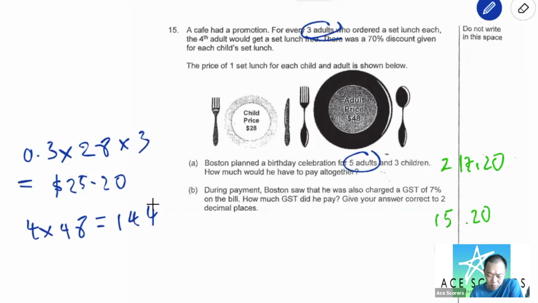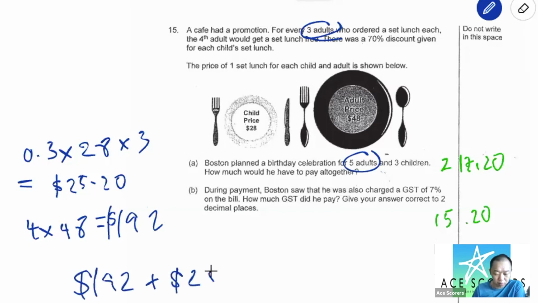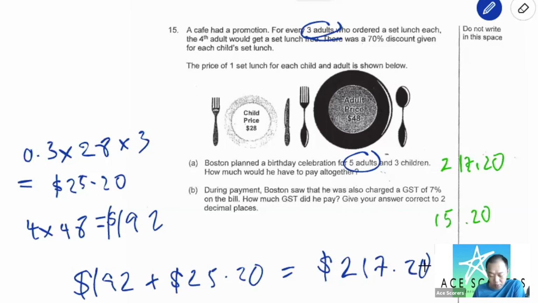Then 4 times 48 is not 144. 4 times 48 is 192, because only 1 is free. So you add them together. 192 plus $25.20 is $217.20. 4 more minutes.